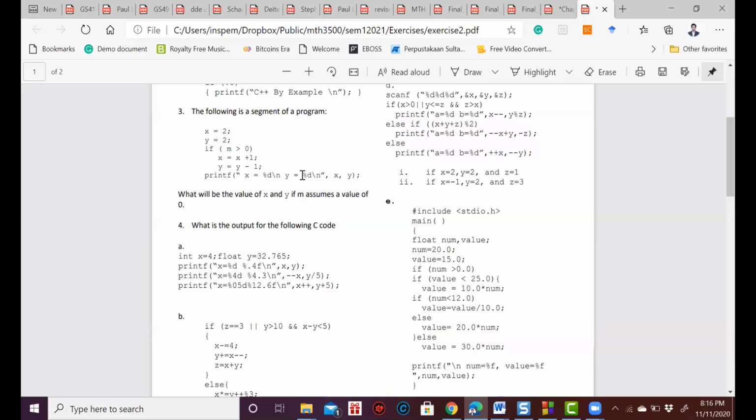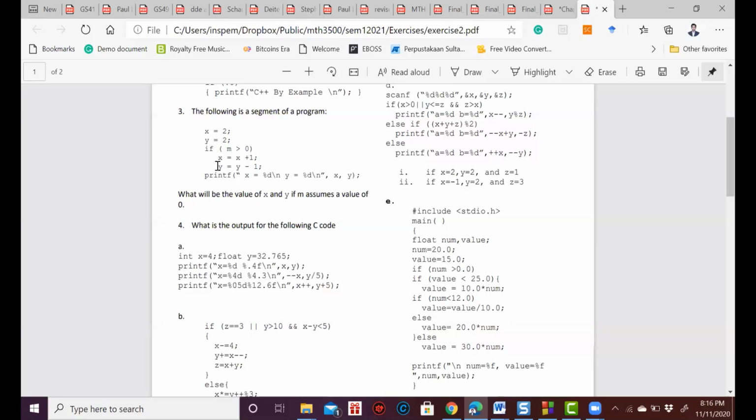Now, the trick here seems like Y belongs to the if, but the logic is that Y does not belong to the if. Y is outside the if, meaning that whether the condition is true or false, Y will always be executed.